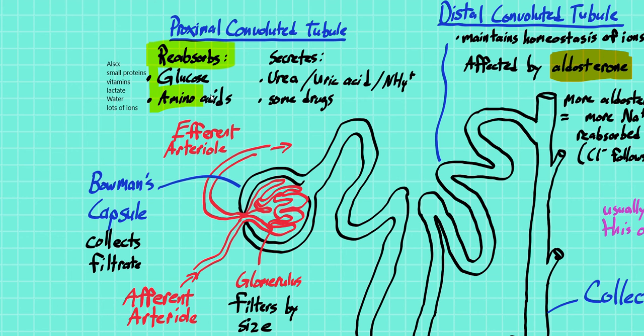If you remember nothing else about the proximal tubule, this is what I hope you remember. It does a lot of other things, like it gets rid of some urea and uric acid. Some drugs get secreted at that point and make it into your urine. Things like small proteins that made it past the glomerular filter, things like vitamins, lactate, which we know is a byproduct of fermentation, some water, some ions, they all have their chance.